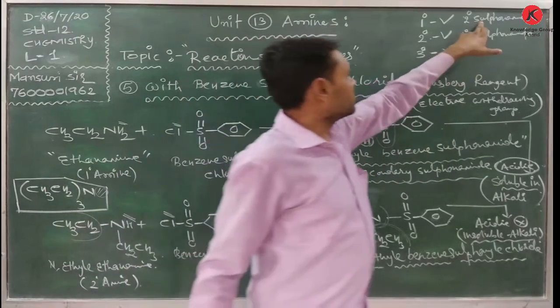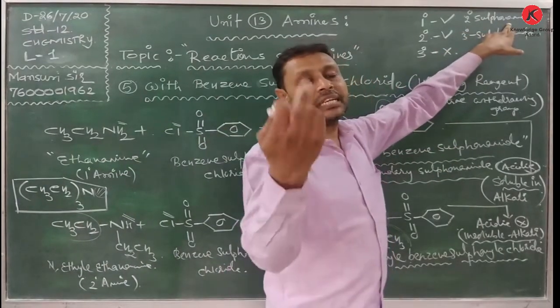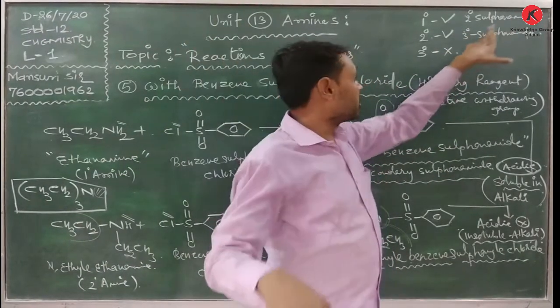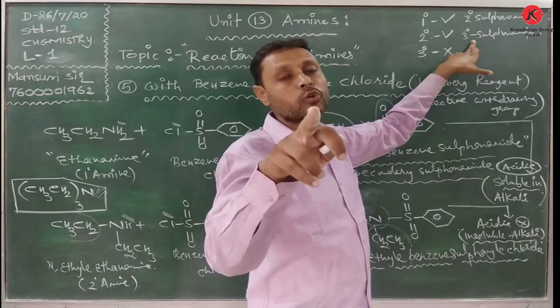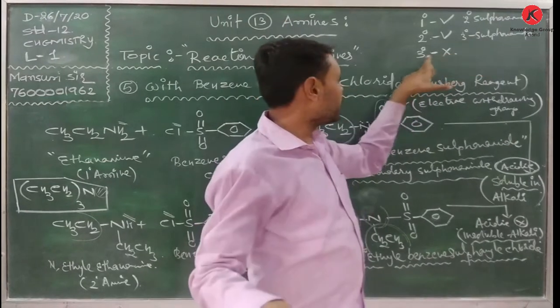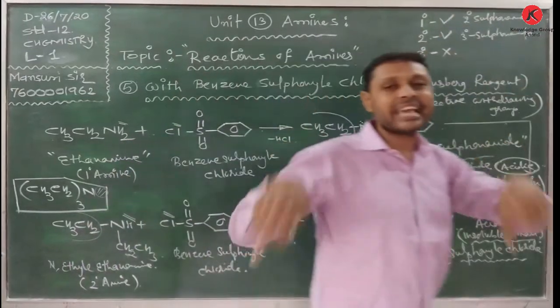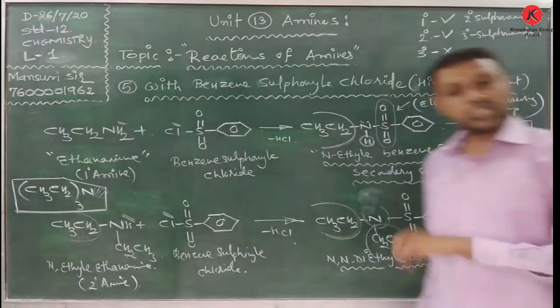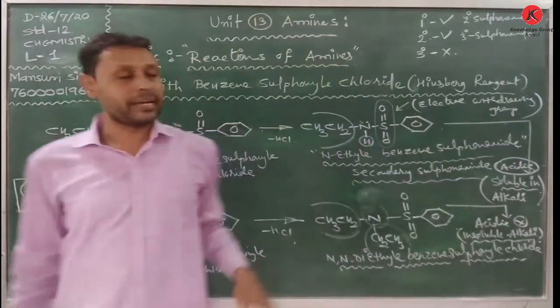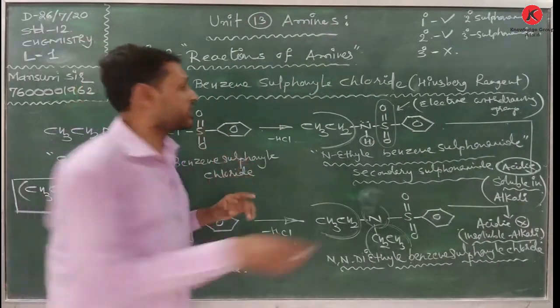So secondary sulfonamide is soluble in alkali, the tertiary sulfonamide is not soluble in alkali, and tertiary amine does not give this test. That is why this reaction is used for separation of primary amine, secondary amine and tertiary amine.